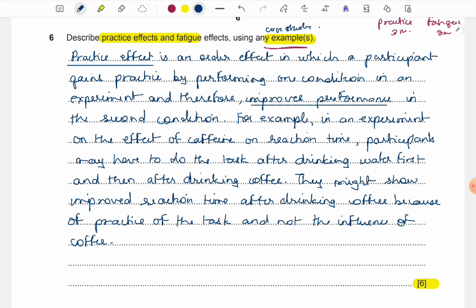So in my example I have included the elaboration, or it's inherent in the example, so I don't need to give it separately. But how some students will give an example is, participants will do better under coffee and not water. Why? What happened? I mean, what is making them do better? You have to explain that properly. So if your example is very limited, or you just... one more thing I'll point out.